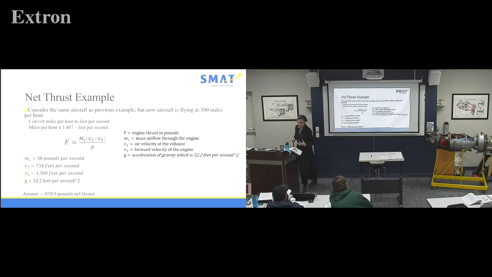Yes. We're going to talk about this later: the ram air coming in as you accelerate is going to have an effect. But this is just some calculations to see, without counting that, what is happening with gross thrust stationary compared to net thrust when we're moving forward.